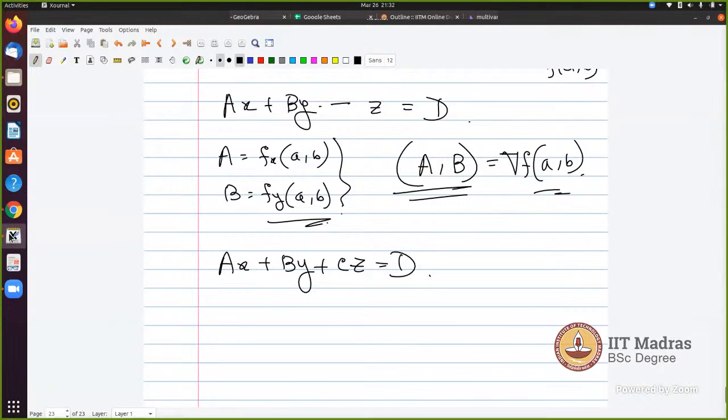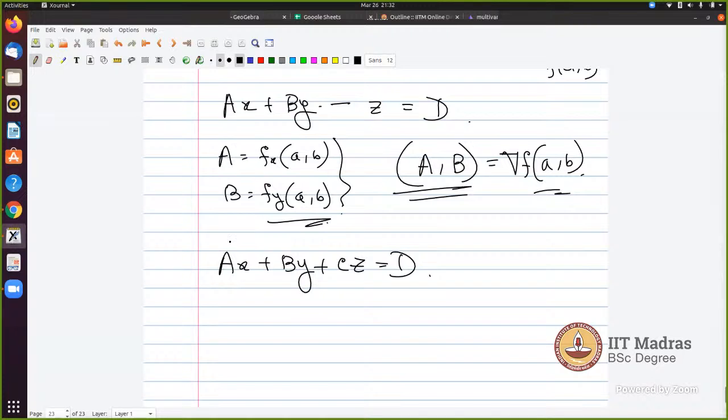So I meant to say that if you take a point on this plane, that point is of the form x, y, comma ax plus by.